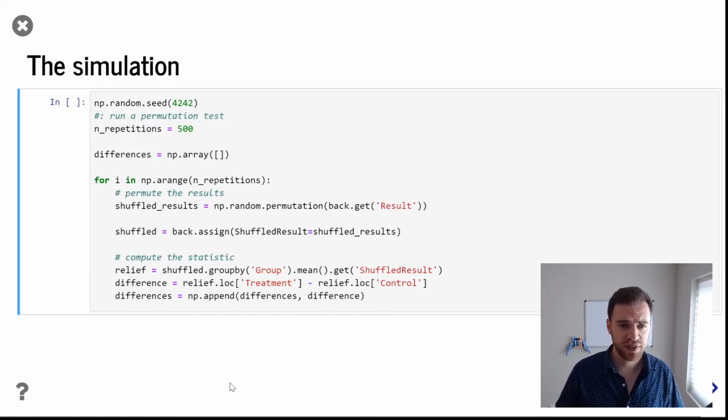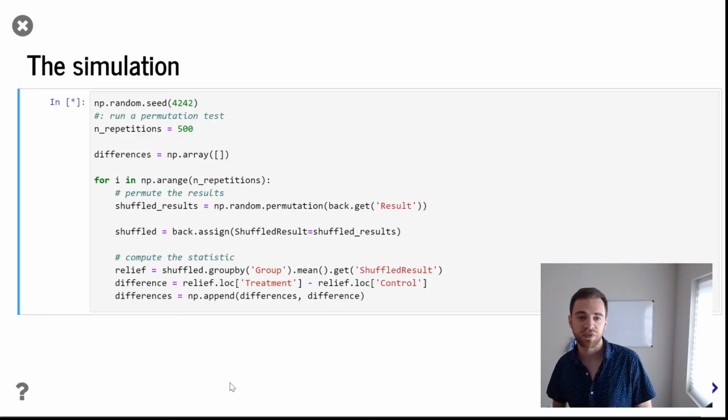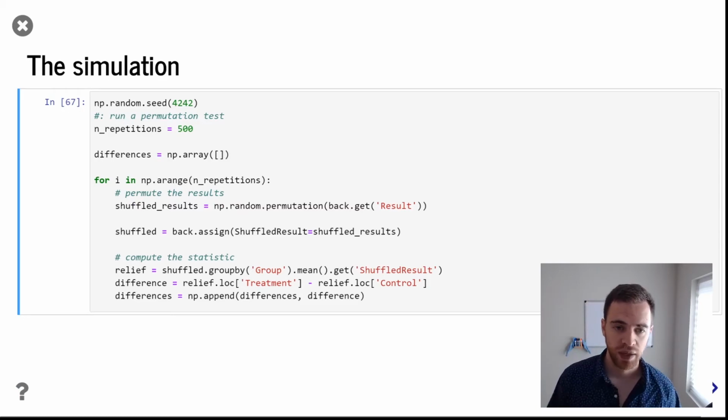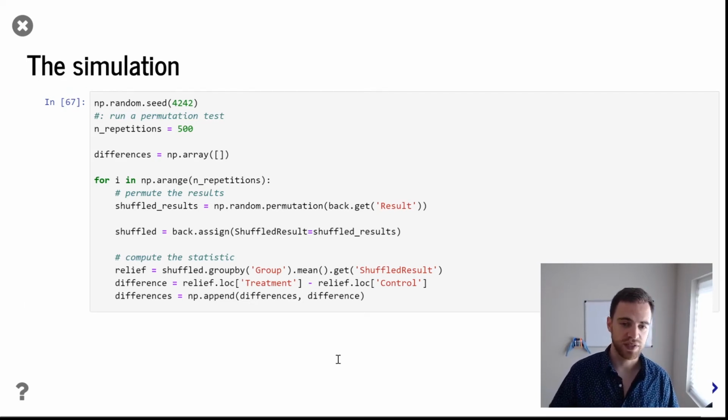Is that a large difference? Let's run that permutation test with 500 repetitions and see. So it's the same playbook as before. On every iteration, I'm going to permute my data. In this case, I'll permute one of the columns, doesn't matter, the result. Assign it back to the table, compute the test statistic, append to an array of differences. Okay, so I did that.